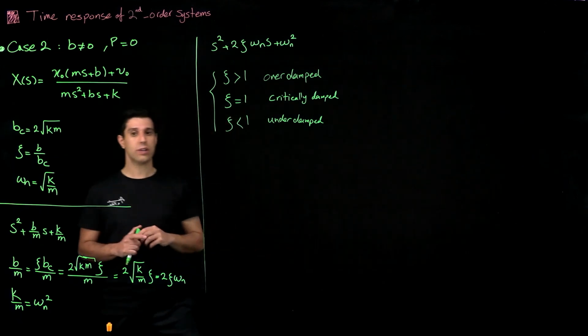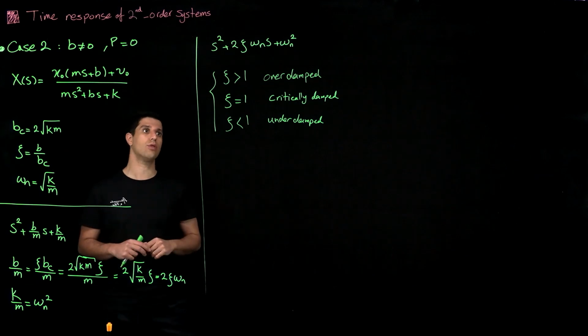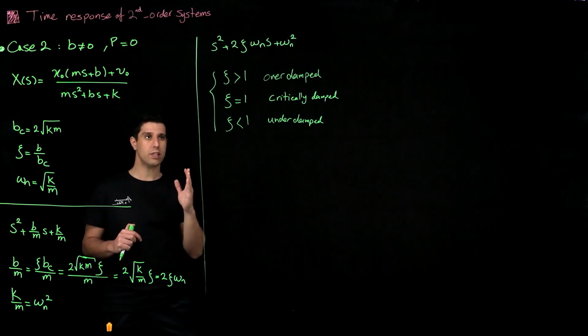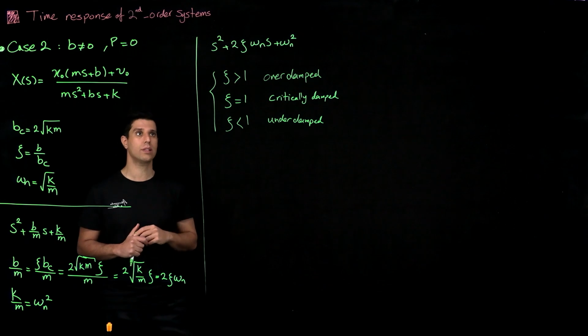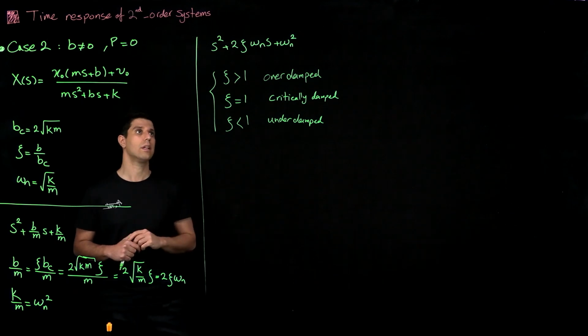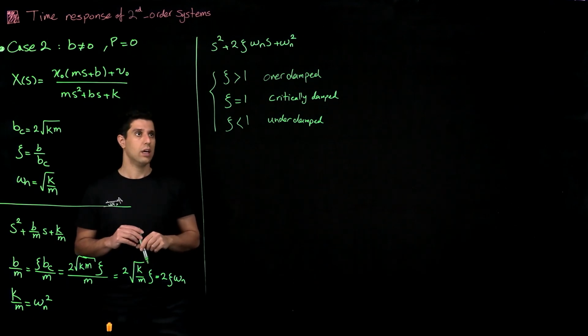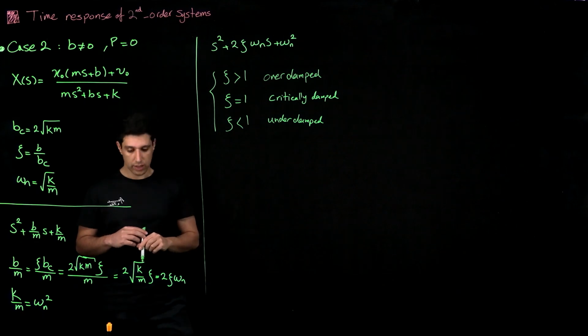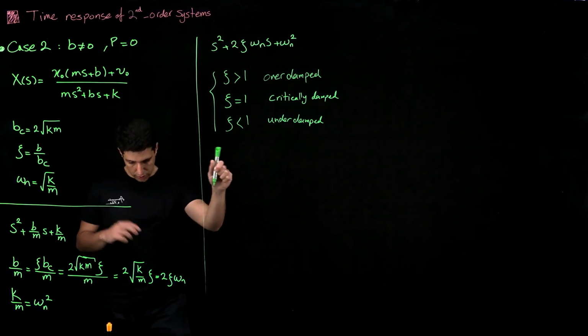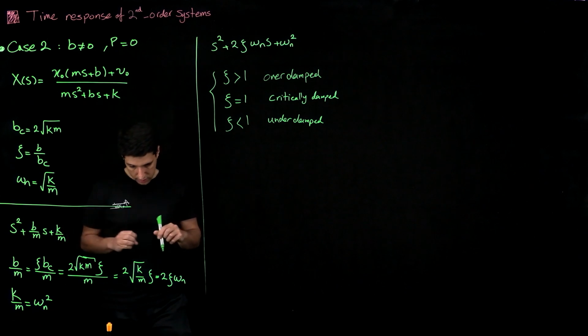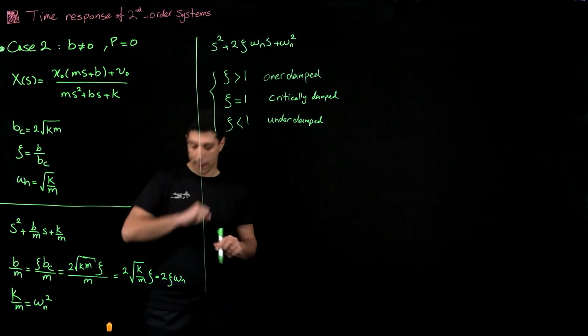And critical damping is the intersection of the two, that is, the system is just about to show oscillation, but it doesn't. Okay, I should have done this earlier, but that's fine. Now you know.